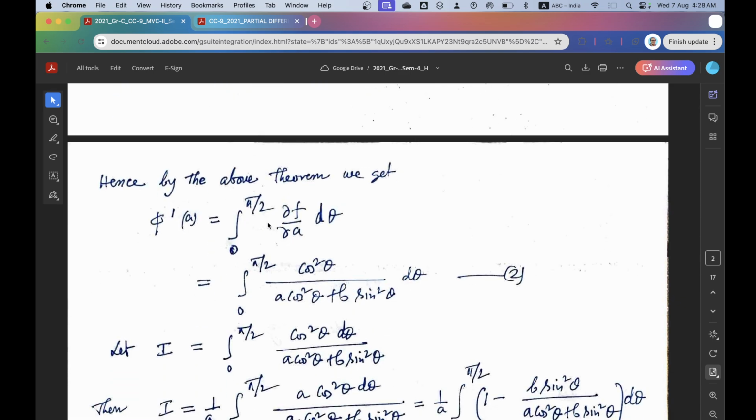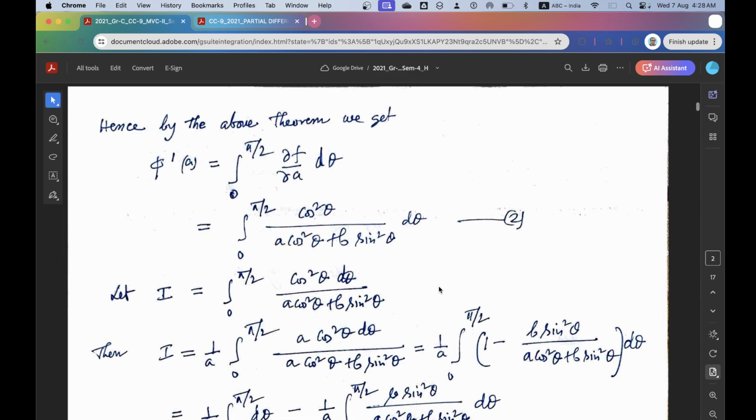So the integration from 0 to pi by 2 of cos square theta divided by (a cos square theta plus b sin square theta) d theta. Let I equal this integration.